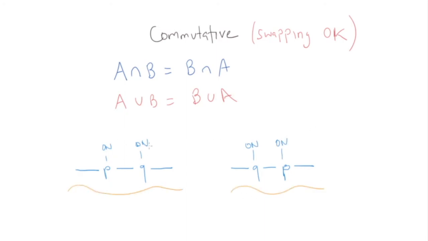But if either one of these are off, say Q is off, then the circuit is going to be interrupted. And it doesn't matter which one is off, whether it's the first one or the second one. The circuit is just going to be interrupted if either one of these are off. It doesn't matter what order the switches are in. So this is showing that the commutative rule holds for circuit design for these serial circuits as well as for set theory.